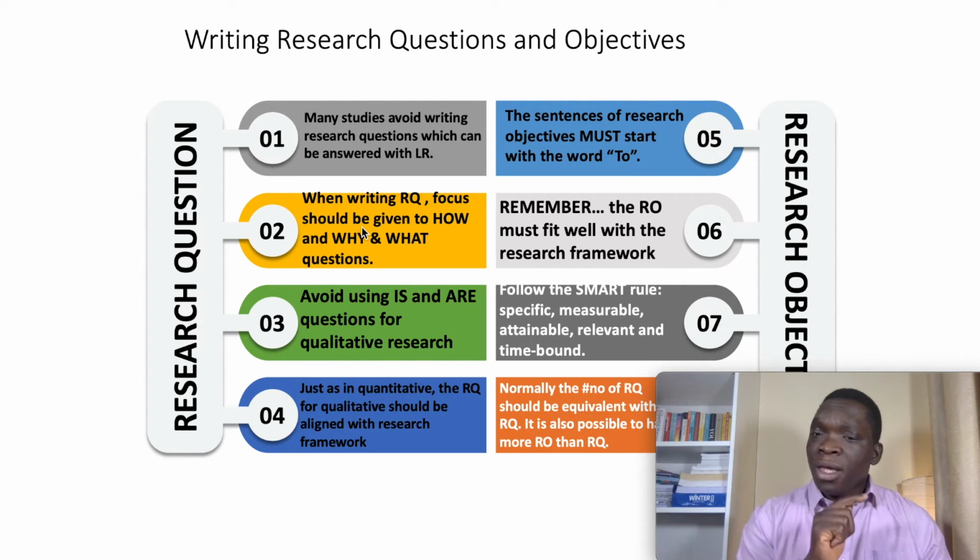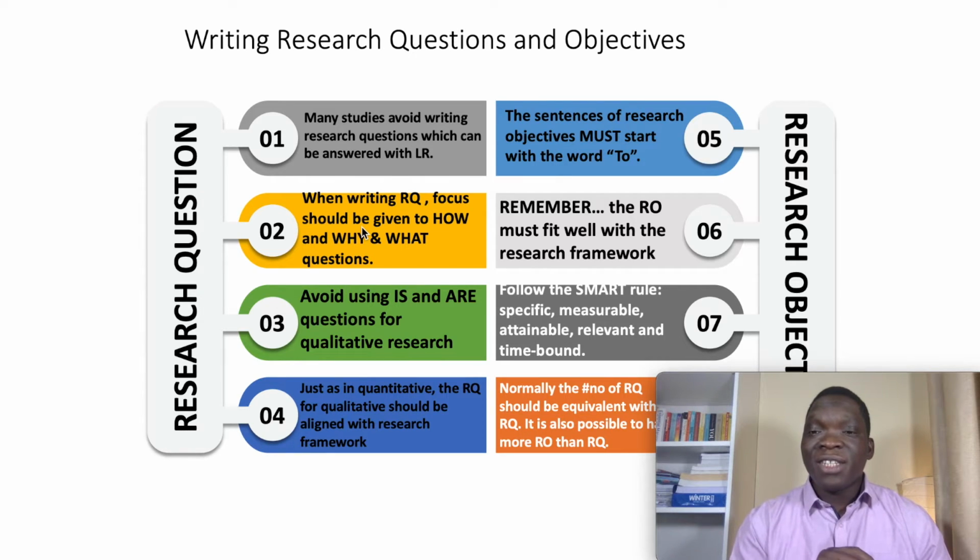You have to be sure that the variables that you are including in your research questions and objectives can be measured. And objectives that are attainable, that are achievable within the limited time or your resources. Resources and time are always limited, as we all know. So don't create objectives that might be too difficult for you to achieve.